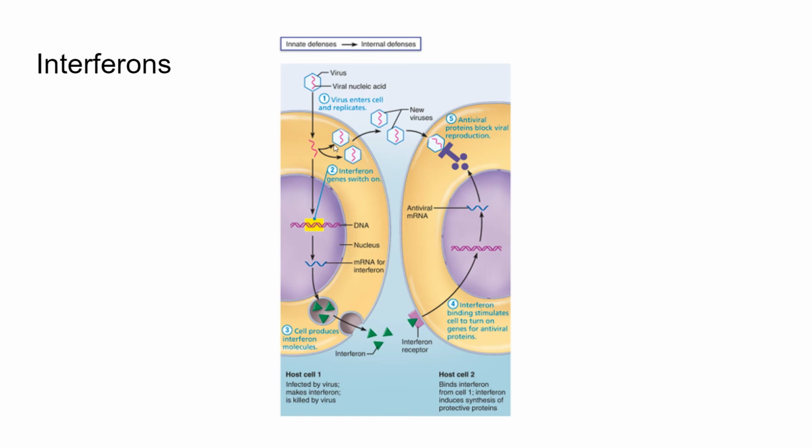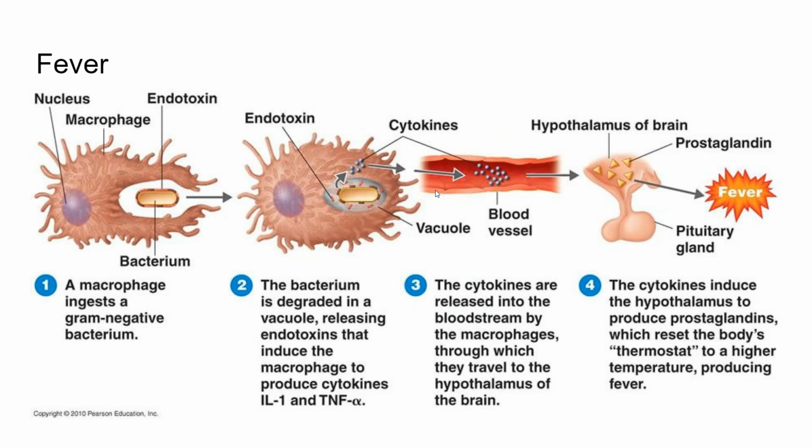So here you have a cell that's infected, and it releases these interferons, and this other cell is now going to say, okay, you have some interferons, and that's going to cause this cell to start producing proteins that are going to help deal with those viruses. It's like a pre-warning system for other cells that are infected by viruses.